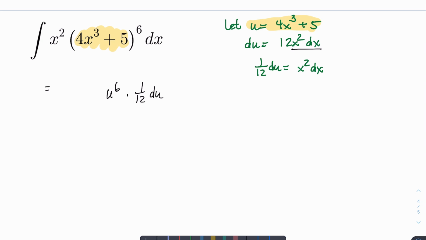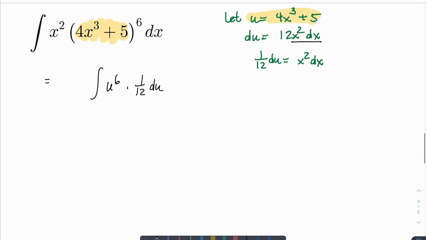So now we know that the 1/12 can go outside of the integral by the constant multiple rule. So we have 1/12 integral of u to the sixth du, and now this is where the power rule is going to be used.